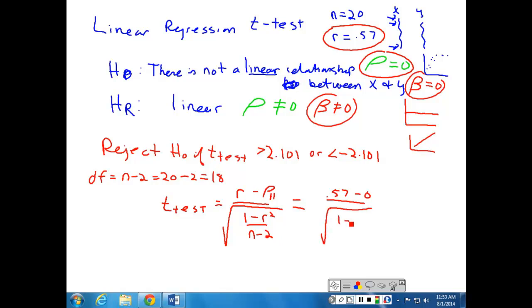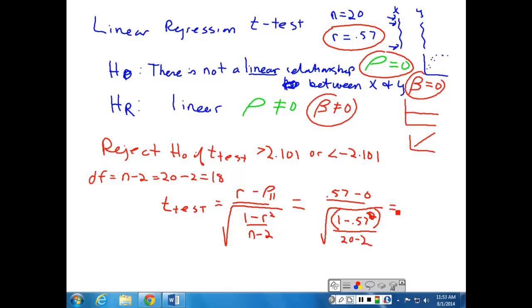One minus 0.57 squared. I'm going to put parentheses here to remind you that when you calculate, it's not 1 minus r then squared. It's 1 minus r squared, divided by, in this case, 20 minus 2.